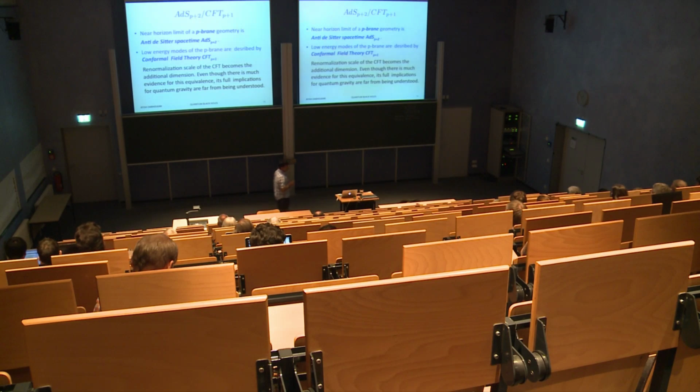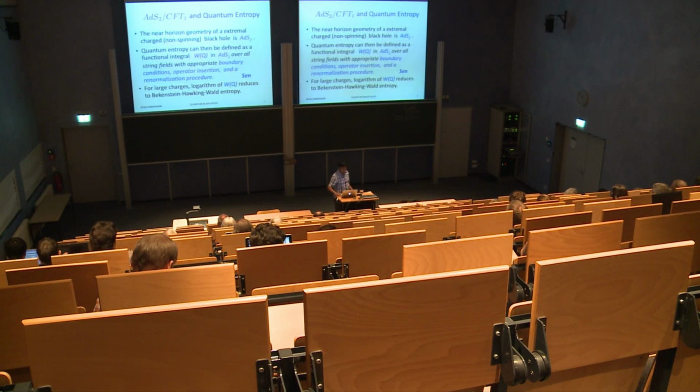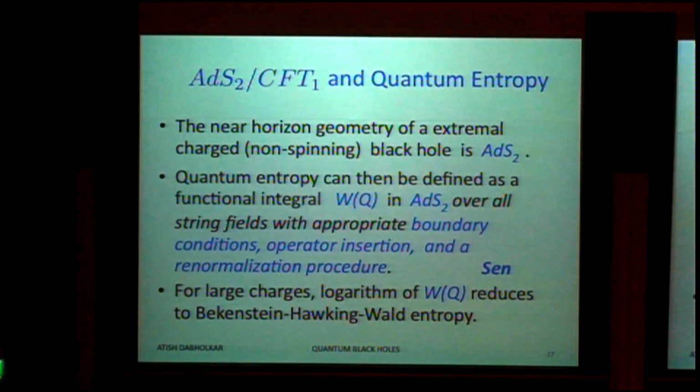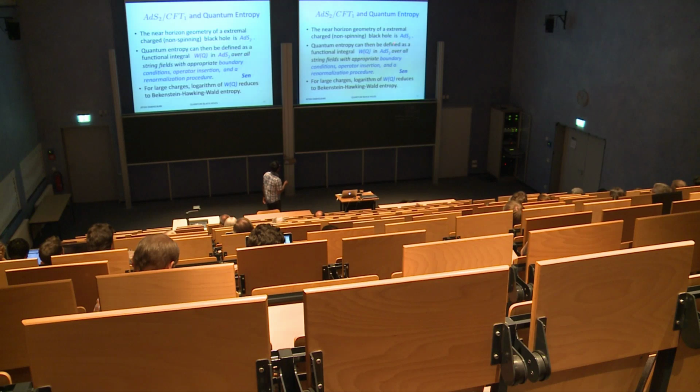And everybody in this room is familiar with the fact that the near horizon geometry of an extremal charged non-spinning Kerr-Newman black hole, otherwise known as the Reissner-Nordstrom black hole, is anti-de Sitter 2 times a sphere. So if you take a four-dimensional Reissner-Nordstrom black hole and take the extremal limit, then the near horizon space-time is anti-de Sitter 2 times S2.